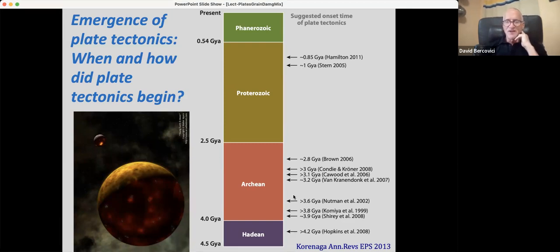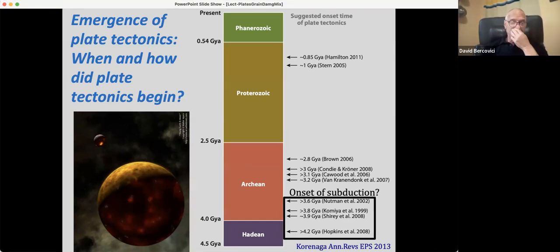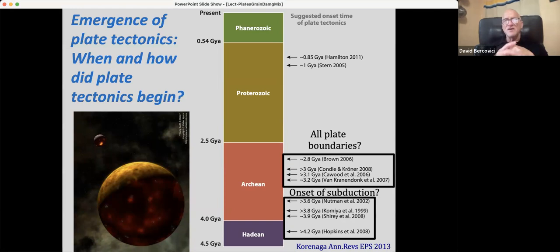A lot of the numbers tend to group around two numbers. And this is something that was pointed out by Kent Condie. One is a grouping of numbers that look to me like the onset of subduction, more than 3 billion years ago, close to 4 billion years ago, the formation of continental crust. Then later, about 2.7, about 3 billion years ago or so, you start to see what looks like the occurrence of more plate boundaries.